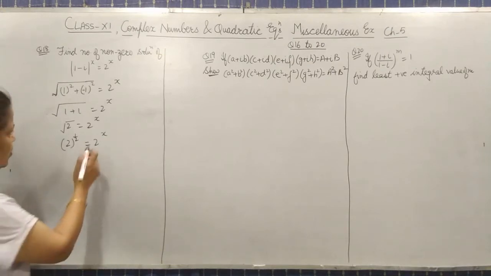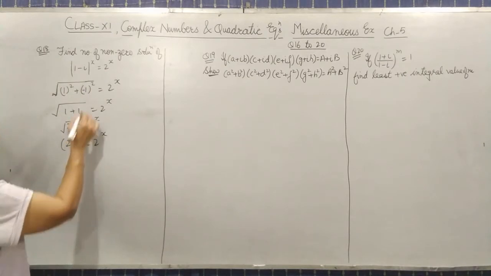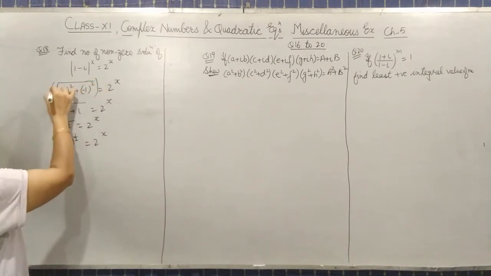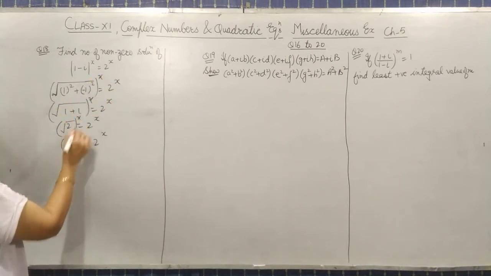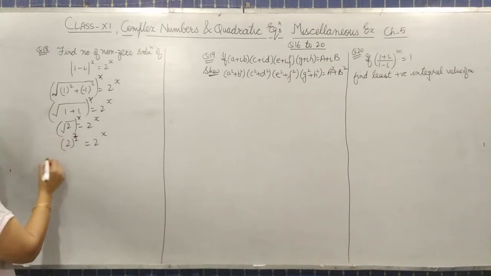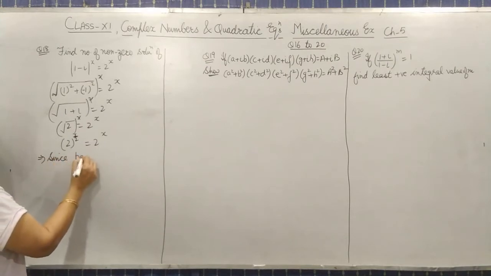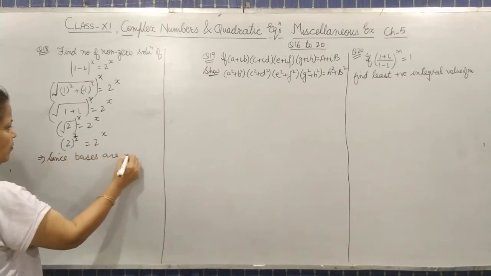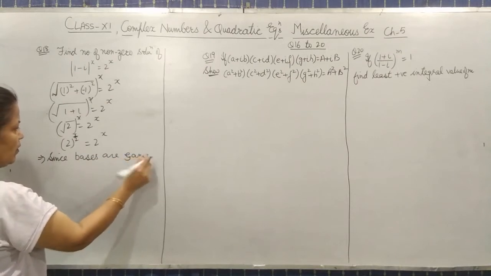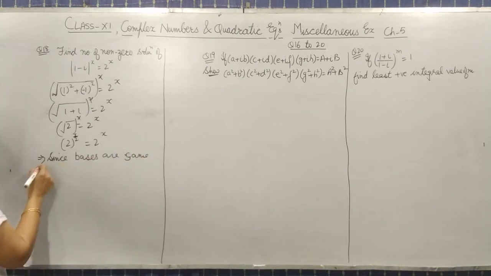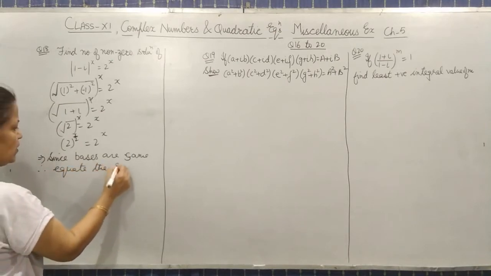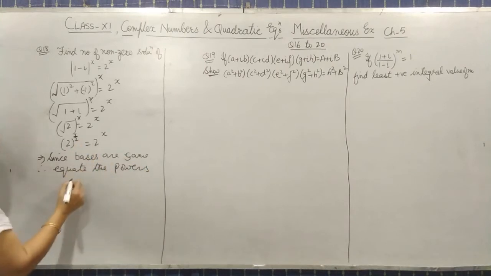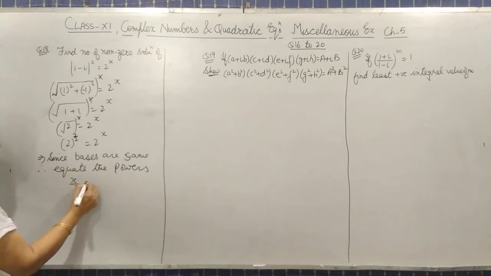How will you do it? Sorry, here it is power x also, so it will become x by 2. Now since the bases are the same, therefore equate the powers. So you will get x by 2 equals x.